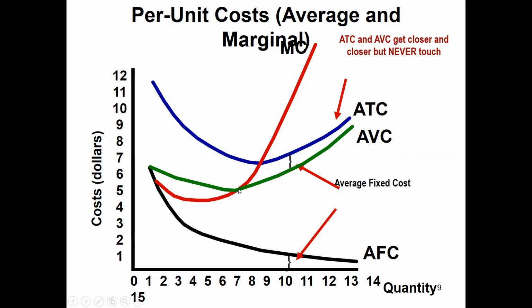MC crosses AVC and ATC at their lowest. Where MC crosses ATC, we call that productively efficient. And these are the cost curves we've been using in all our graphs.